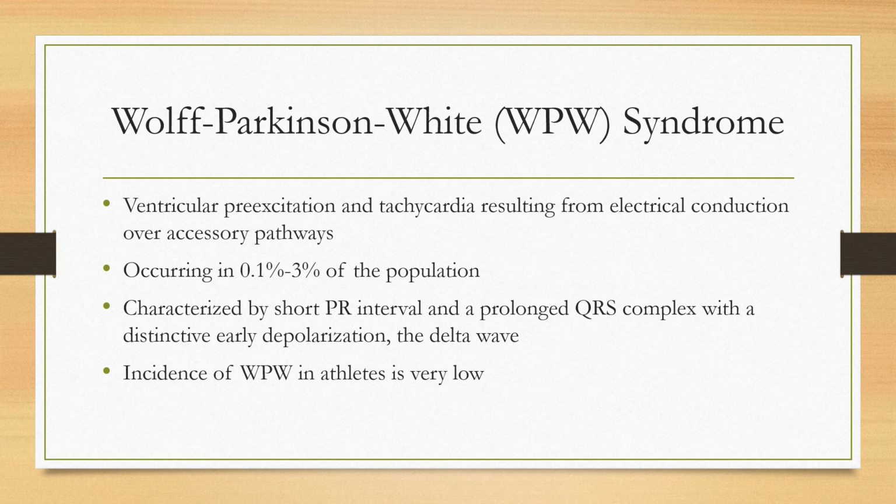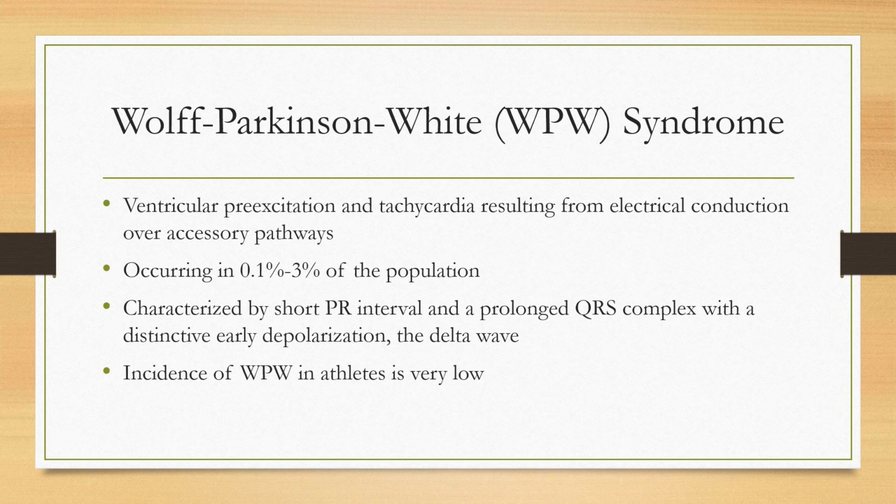It occurs in 0.1 to 3% of the population. And the fancy way of saying it is that ventricular pre-excitation and tachycardia resulting from electrical conduction over accessory pathways. That really cleared things up for you guys then, huh?